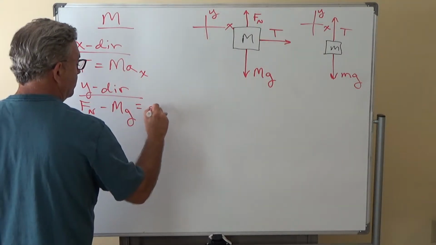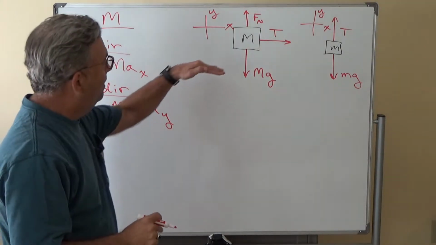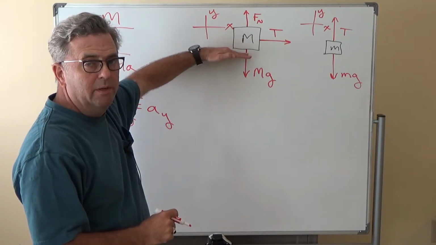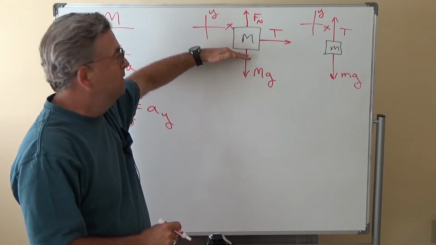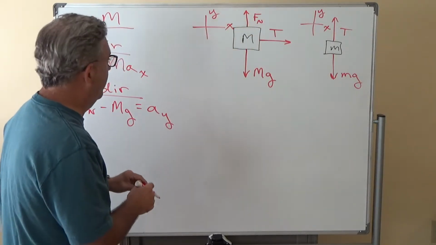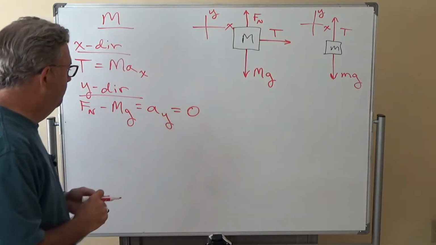And that equals a_y. But I know that this is sitting on a table. There's no acceleration in the Y direction. This object is not accelerating up or down. This is equal to 0.